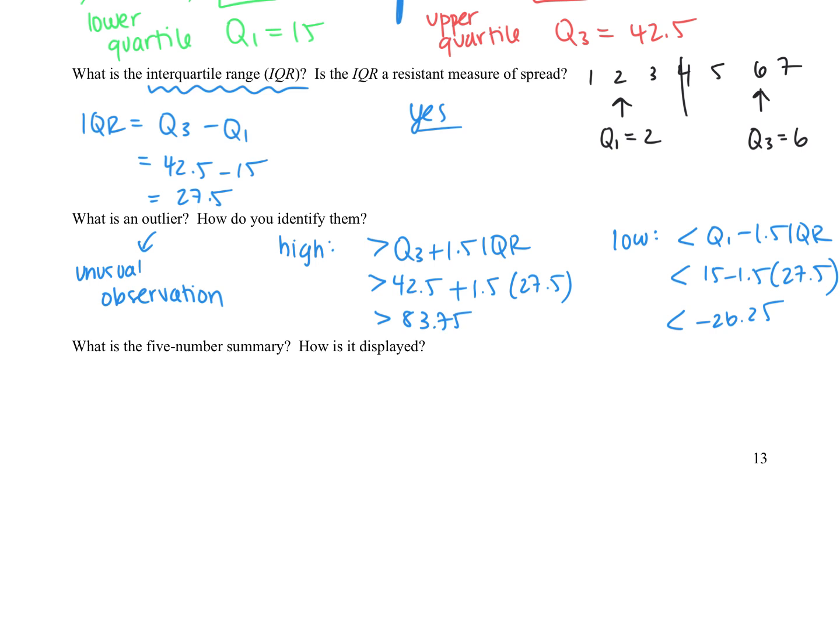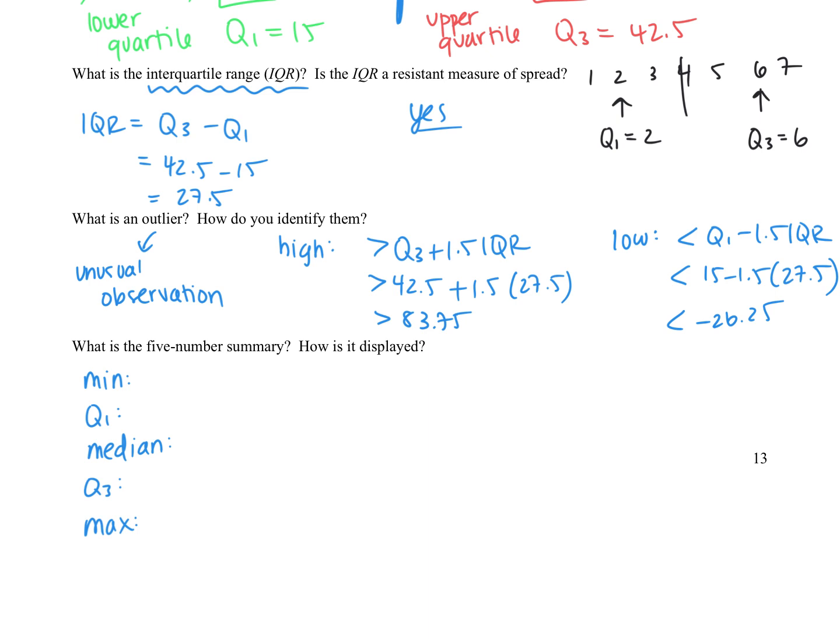Okay, last thing before our break is what is called the 5-number summary. The 5-number summary is 5 important numbers: the minimum, Q1, the median, Q3, and the maximum. Your calculator gives this to you.